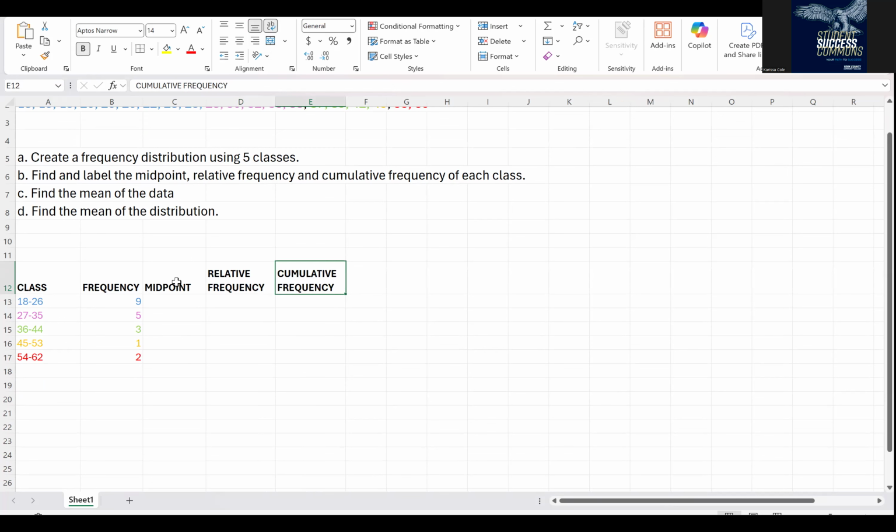So the first thing is the midpoint. Midpoint is literally what is halfway between the 2 endpoints of the class. So what is halfway between 18 and 26? You can grab a ruler or a number line and look at it if you'd like, or we can just use the trick where we add those 2 numbers together and then divide the result by 2.